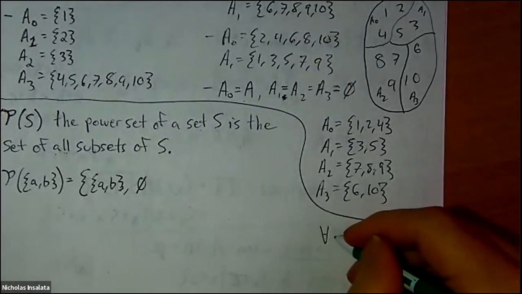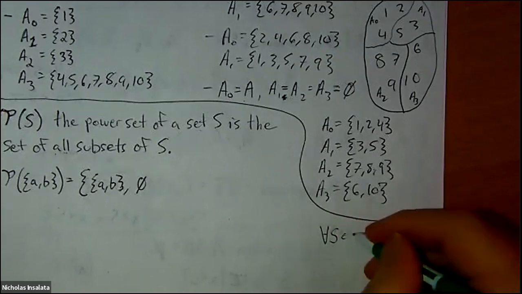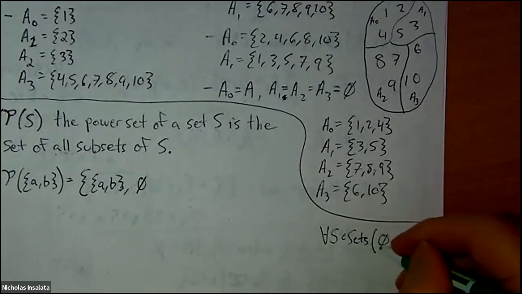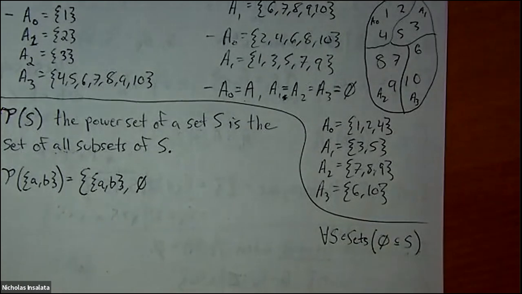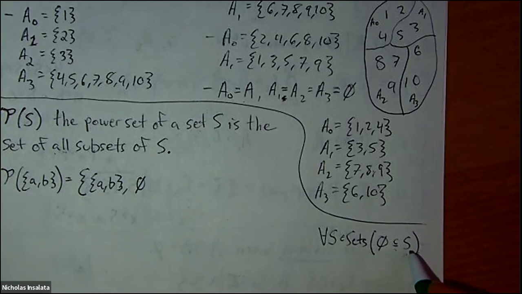For all sets S in sets, the empty set is contained in S. Why would that be? Well, let's go back to the definition of containment, right? What does it mean to be contained? It means that everything in here is also in here. Well, if there's nothing in here, then it's true by default. It's what's called a trivial truth, a trivial case, right?